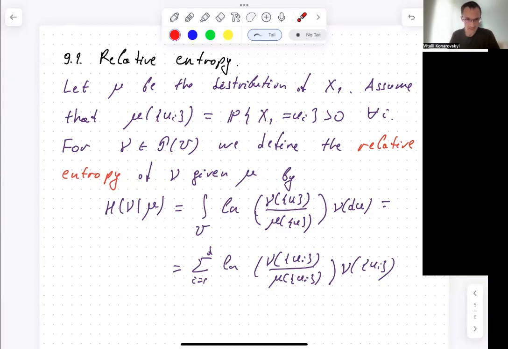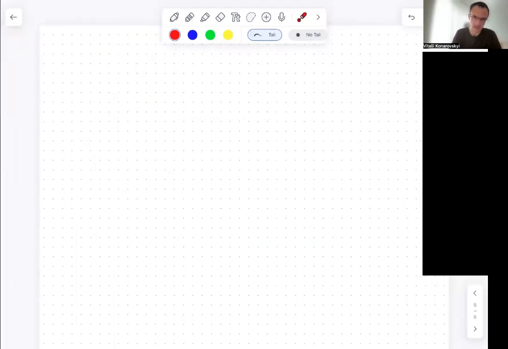Okay, we defined that function, and then let me also formulate one exercise. I will leave the solution of that exercise for you because it is not complicated. It concerns some properties of the relative entropy that will be needed later.